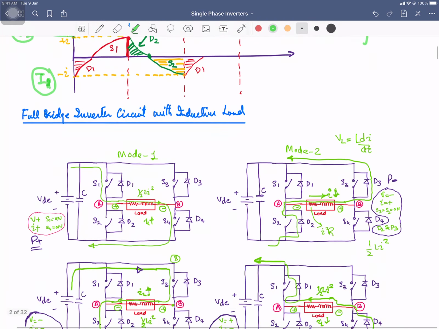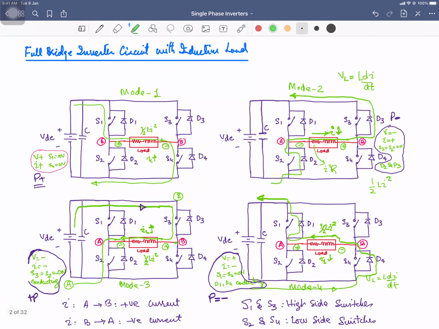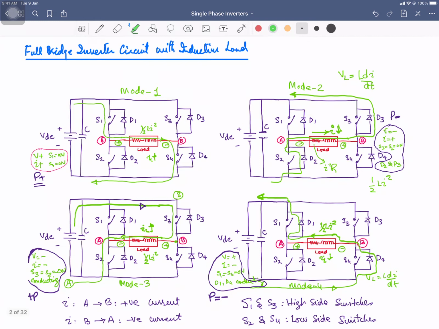Okay, now let's quickly look at the full bridge inverter circuit with the inductive load. In the full bridge circuit, instead of using two switches, one arm of switches, we are adding the second arm as well. So we have two arms of switches. One is this one, the first arm.